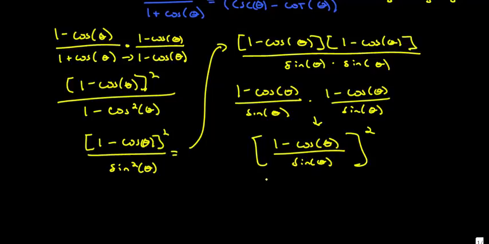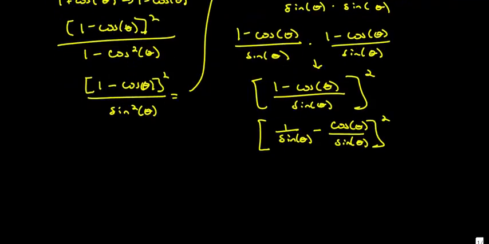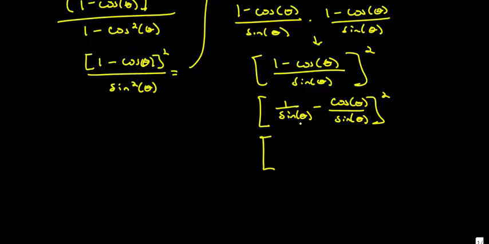Now I'm going to split these up. It's going to be 1 over sine minus cosine over sine, like that. And this is cosecant, and this is cotangent.